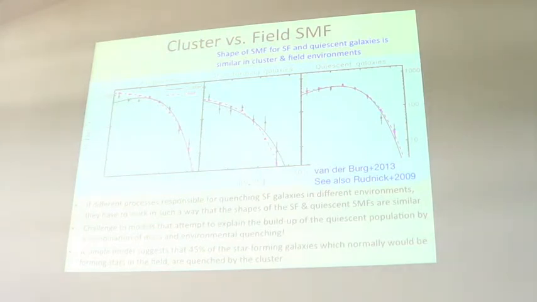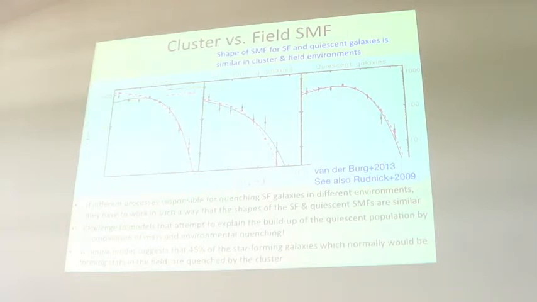And now it starts to get interesting, because we also broke it down by star-forming galaxies and by quiescent galaxies. You can see that the shape of the stellar mass function for both star-forming and quiescent galaxies is similar in the cluster and field environments.